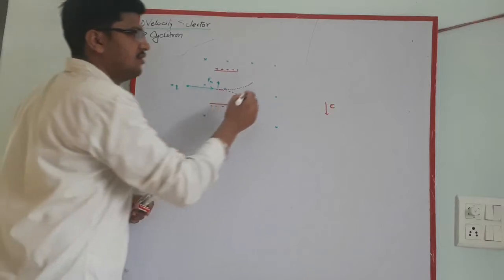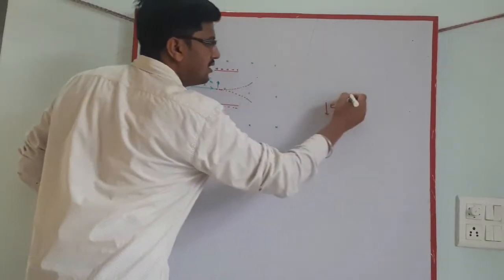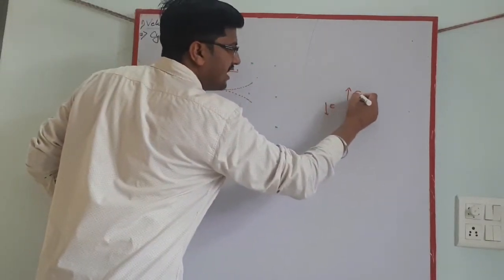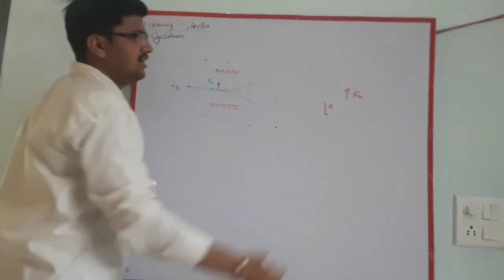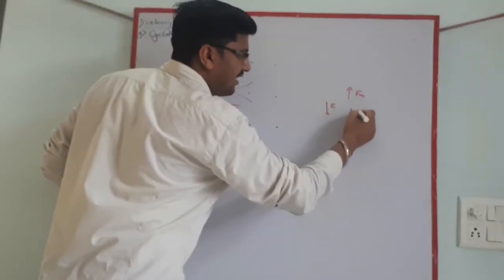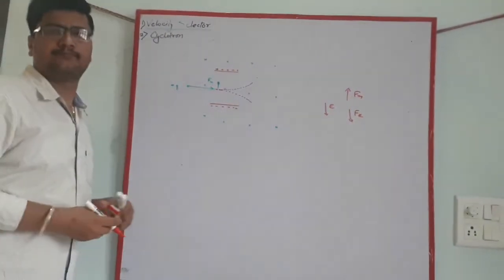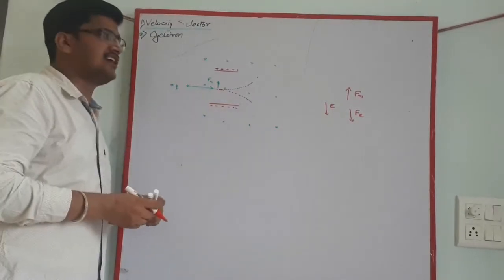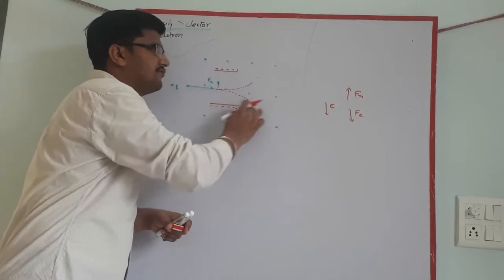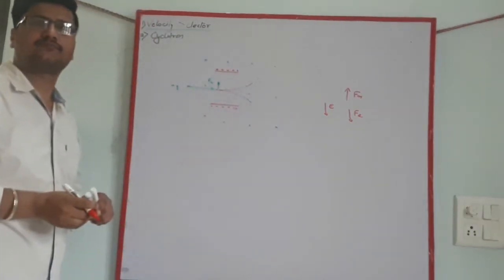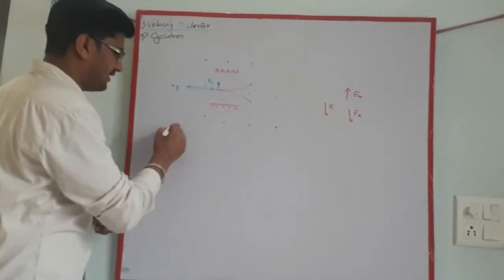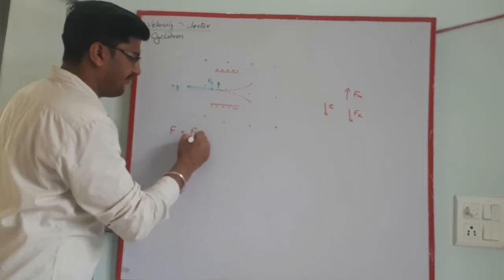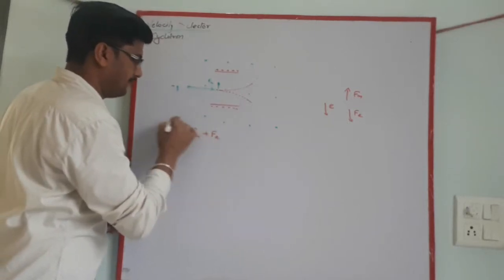Hence we are having two forces, one in the upward direction, say Fm, and the other in the downward direction, say Fe. And the charged particle experiences the vector sum of these two forces. We say that total F is equal to Fm plus Fe.